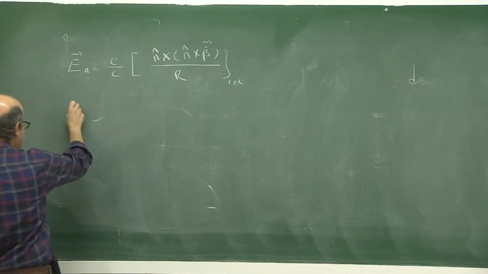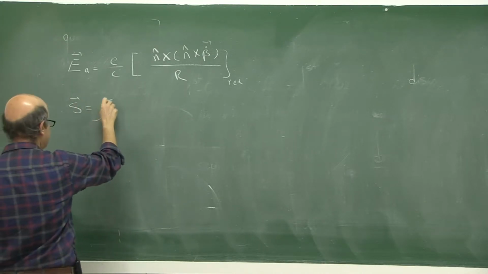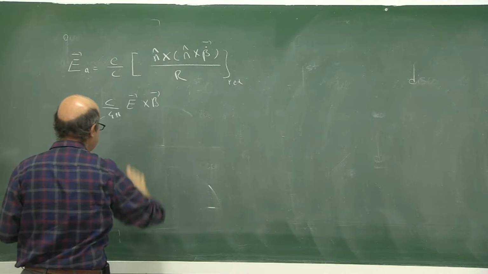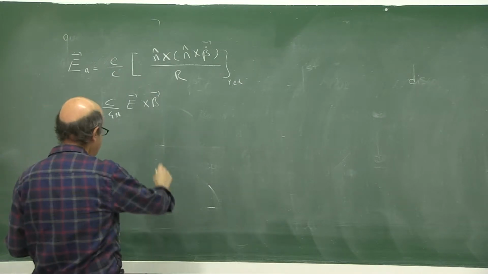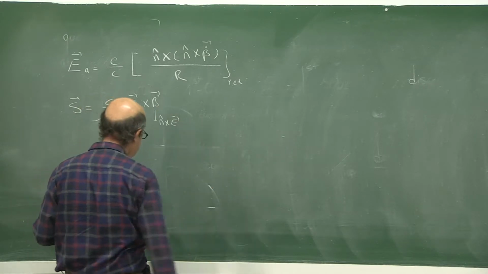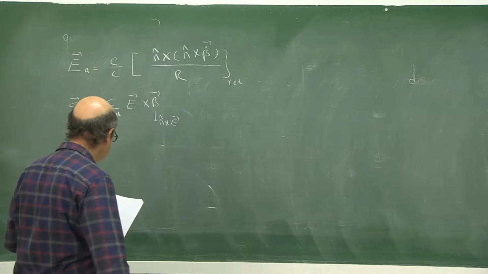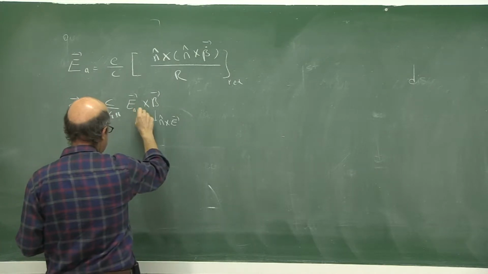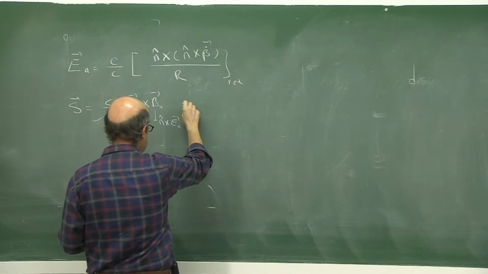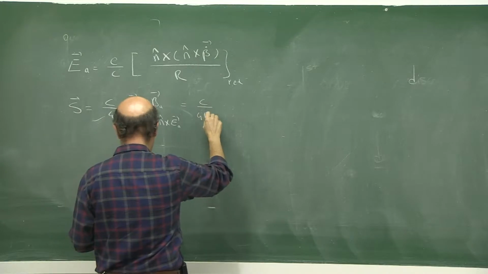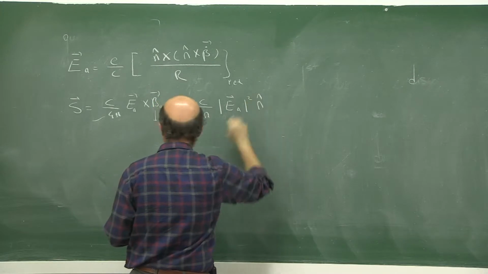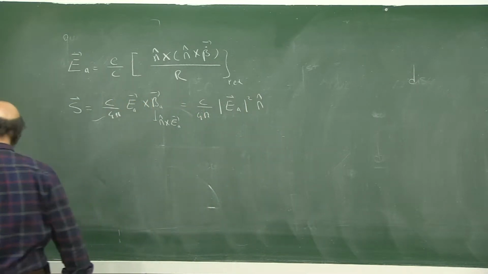You can calculate the Poynting vector, c over 4 pi E cross B. This is in Gaussian units. And B is n cross E. B, E, and n are mutually orthogonal to each other. So let's say these are the fields of the accelerating charged particle, and this equation turns out to be c over 4 pi times the square of the acceleration along n. n is the propagation direction.